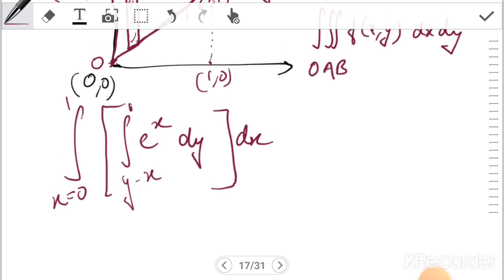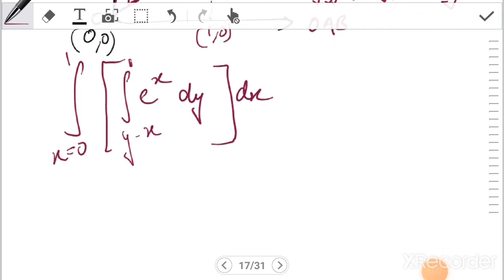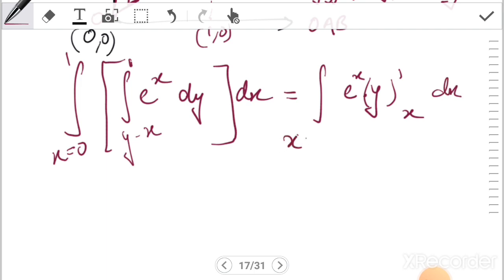Yes, so now this is equal to the integral of e raised to the power x times y. Okay, since we are integrating with respect to y, e^x is a constant, so e^x into y, which varies from x to 1, right, dx, and x is equal to 0 to 1.